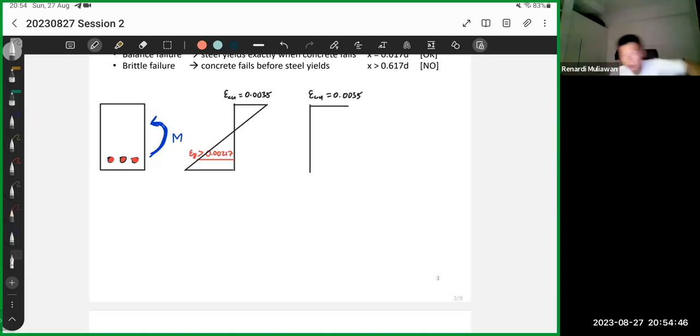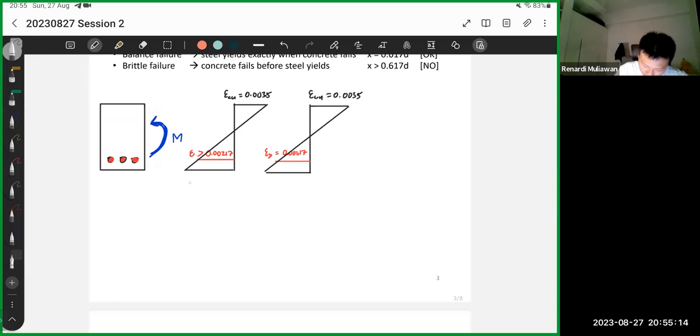Then we check the steel. For balance failure, the strain length is exactly 0.00217. So that's what it means by balance failure. That red line, that strain, is exactly 0.00217.